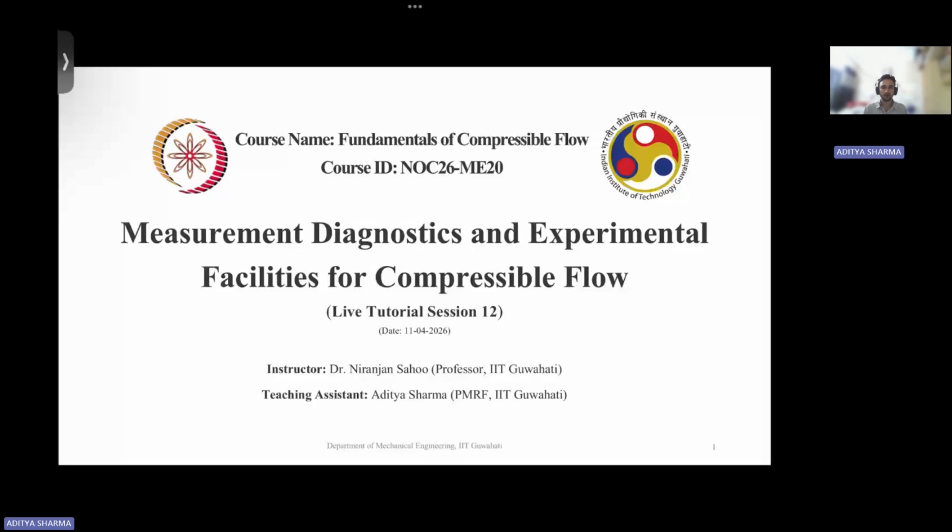There we focused on subsonic flows. We saw the subsonic wind tunnel that we discussed majorly. And here, for supersonic flows, hypersonic flows, and hypervelocity flows, we'll see what kind of setup we use in these cases.